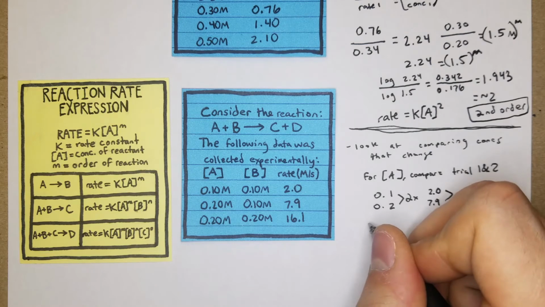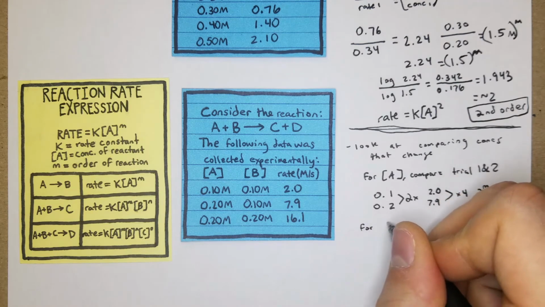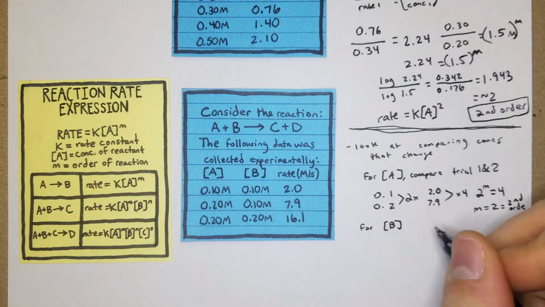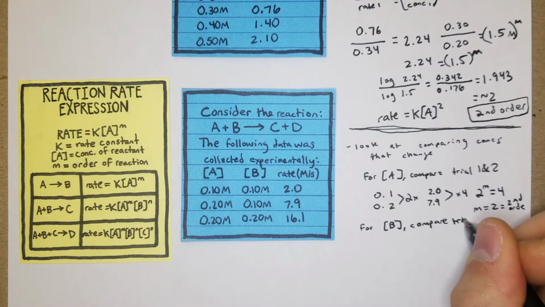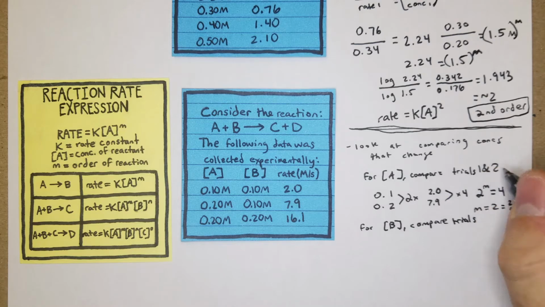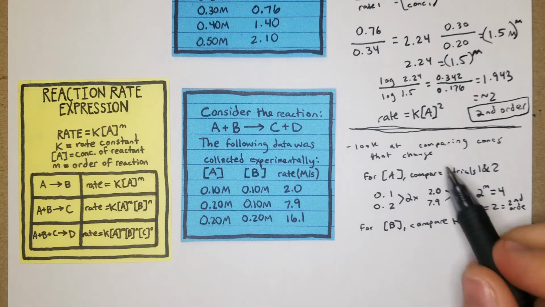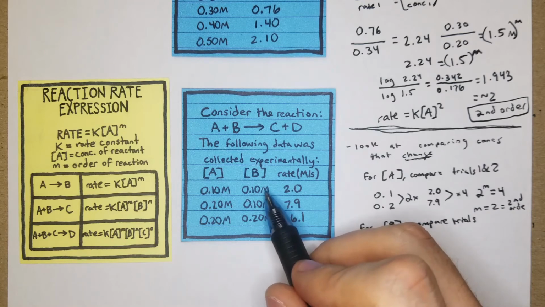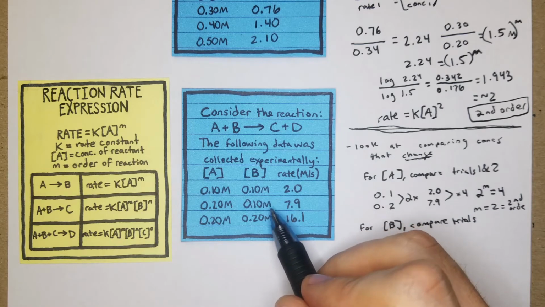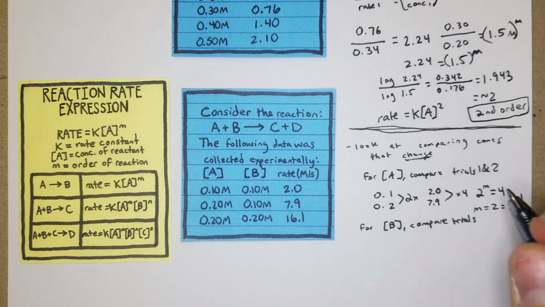Now, for B, again, we're going to compare the trials that change. That's the significant part here. So what changes? Again, from 1 to 2, it doesn't change. From 2 to 3, it changes. So we'll go from 2 to 3.